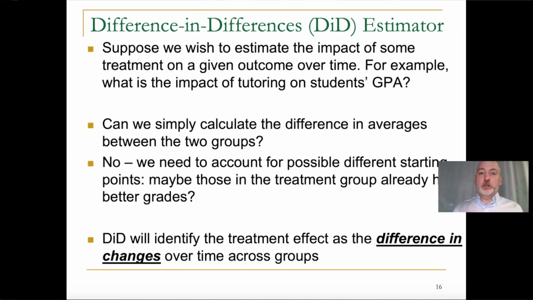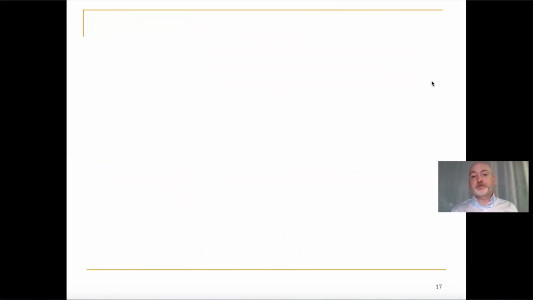We're going to end up with a little 2x2 matrix of outcomes. Where did each group start, the pre-treatment averages, versus where did the two groups end up, the post-treatment averages of those who received treatment versus those that didn't? That, in effect, is the difference in difference estimator in its most basic form.